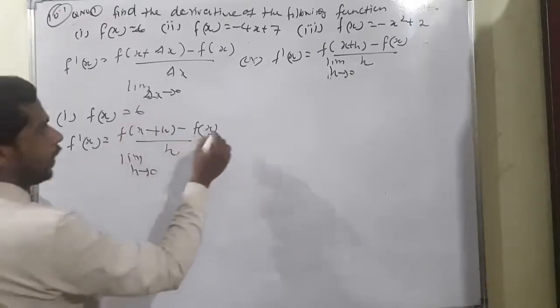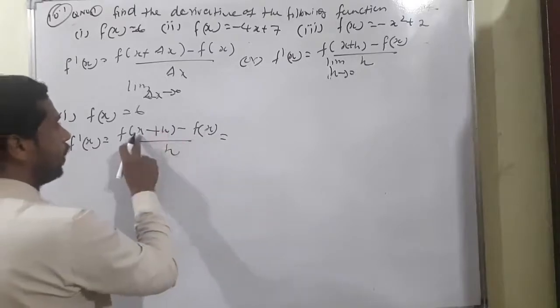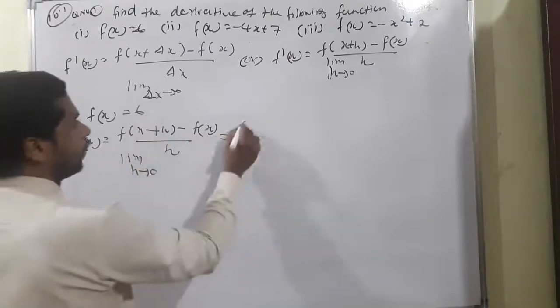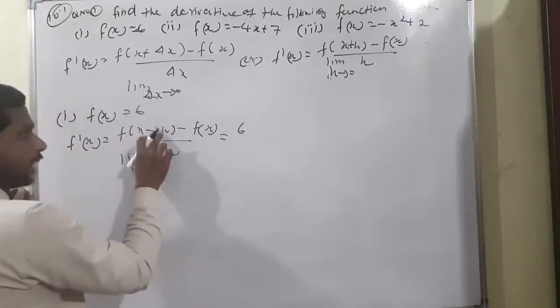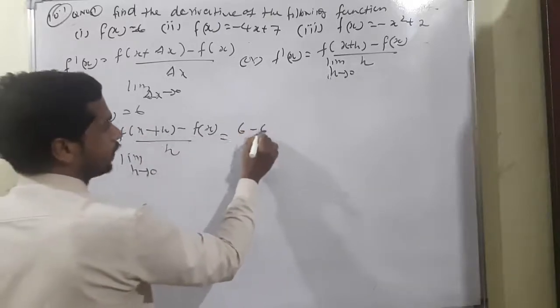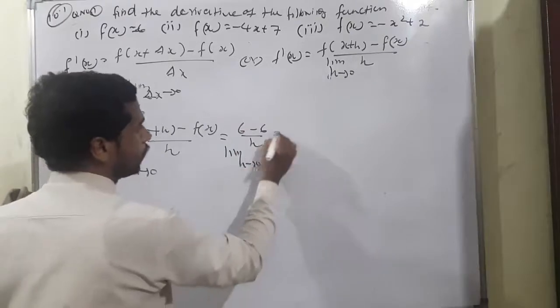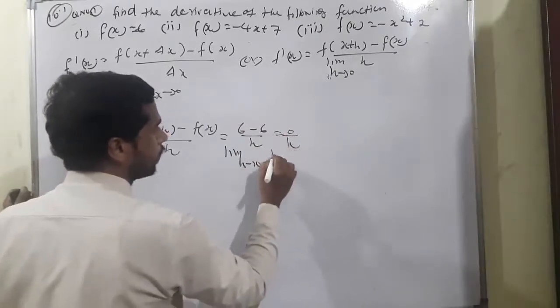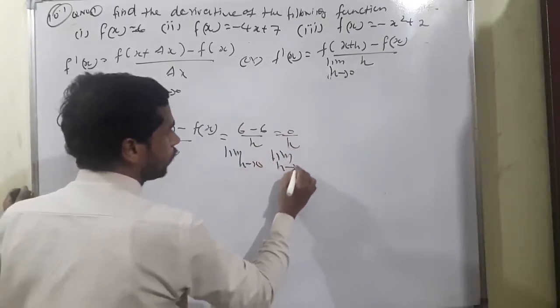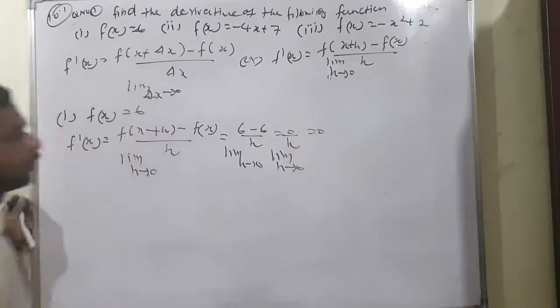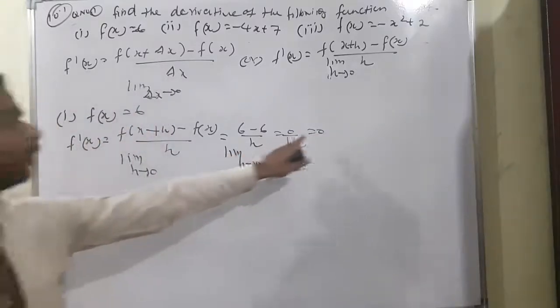Directly we can write 0 instead of h. Sorry, f of x is equal to 6. There is no h value. Therefore, 6 minus 6 divided by h, limit h tends to 0. So 0 divided by h means the limit value also, h tends to 0. The answer for subdivision 1 will be 0.